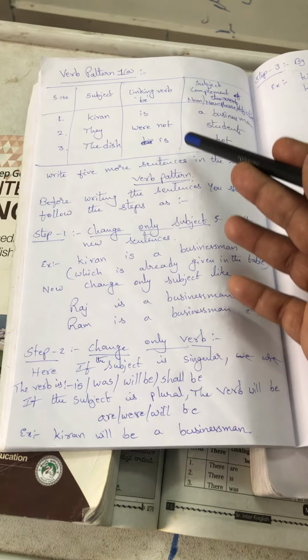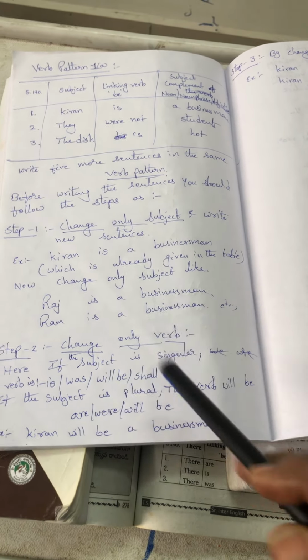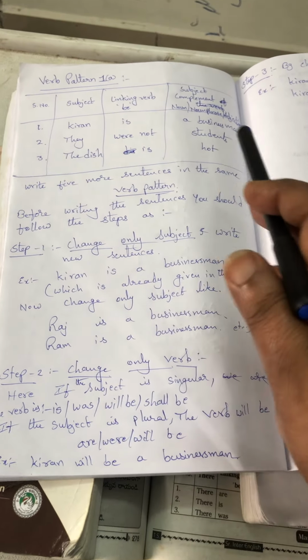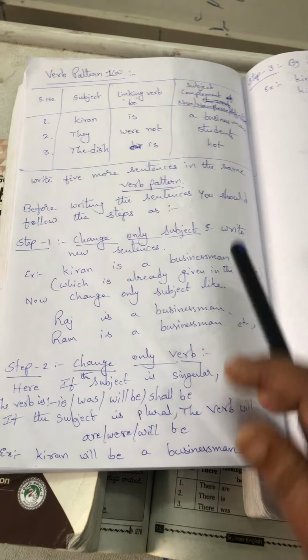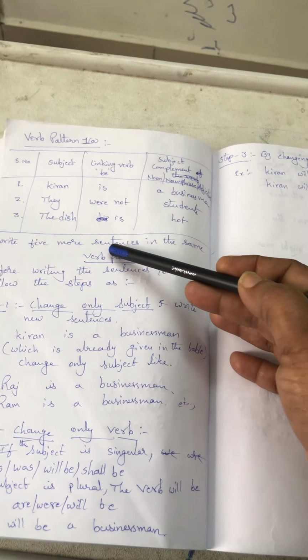Take the same example. Kiran will be a businessman. Veena will be a businesswoman. Ram will be a businessman. Like that. Okay.